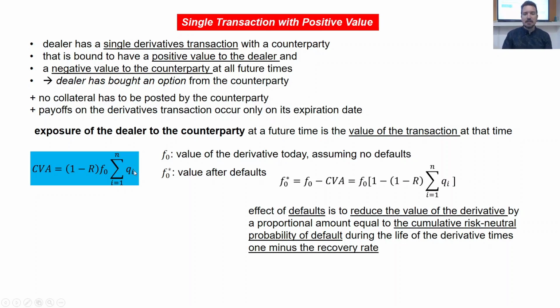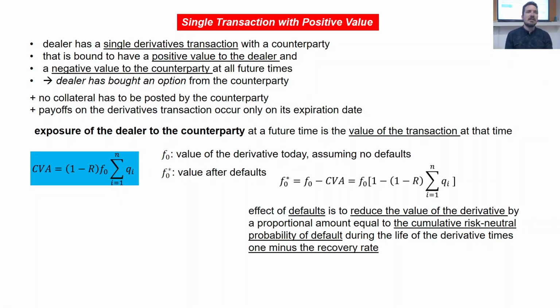Just we can see that the different probabilities of default should be summed up in the future, but that's why these simplifications were necessary, because in this case we have this. And so how can we determine how the value of the derivative today will be related to the value after default? So how can we compare them?